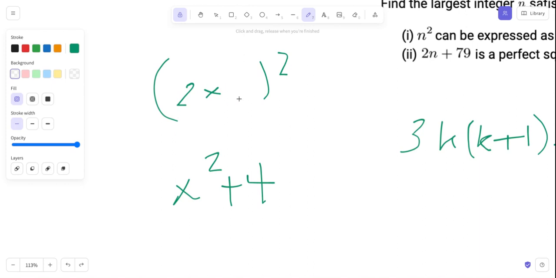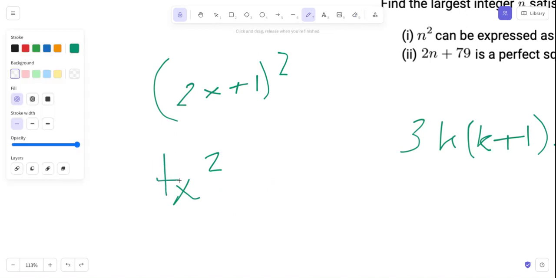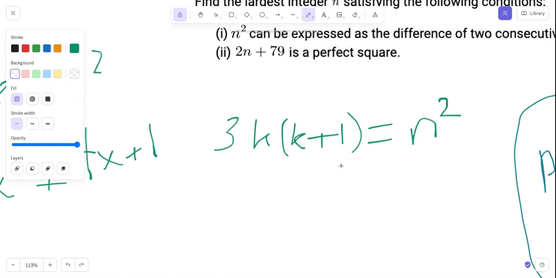If you notice, the quadratic term and the x term have the same coefficient. So when you get the same coefficient, you can actually simplify this and complete the square.